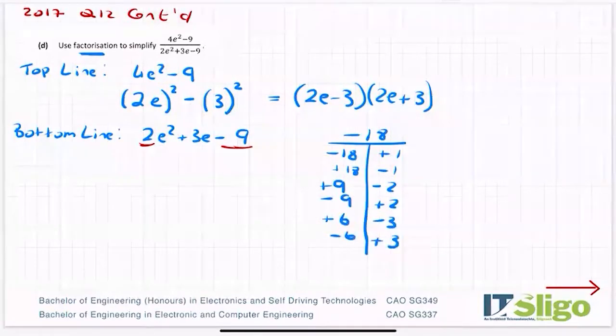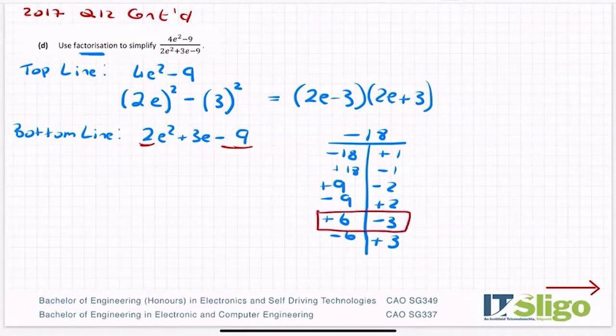Okay, and they are all the different options that gives me minus 18. Okay, which is the right one for this quadratic? It's the row that when I add gives me plus 3. So it is plus 6 minus 3. Okay, when there's a number in front of e squared, then you tend to do it by grouping.